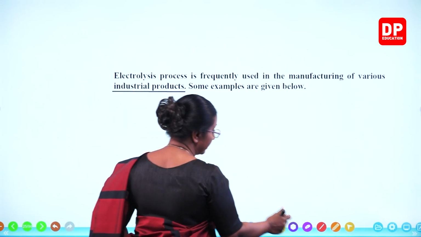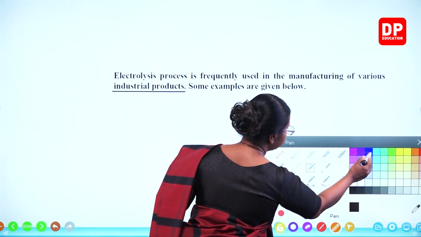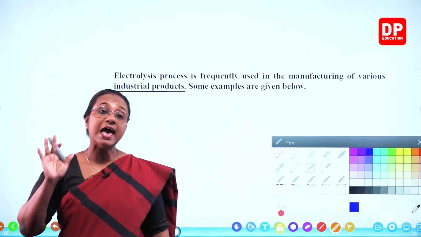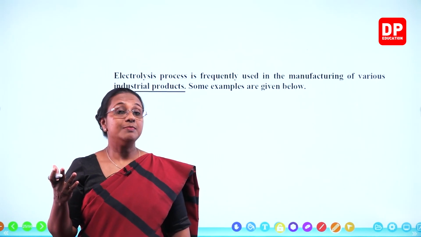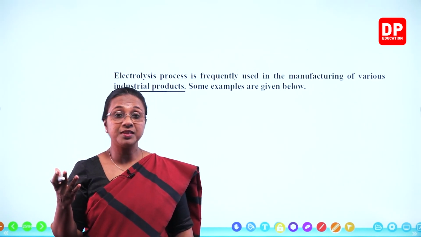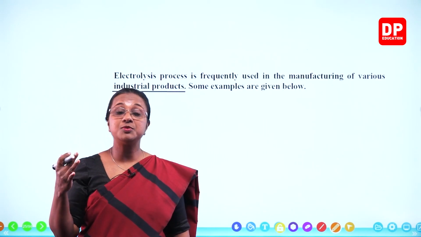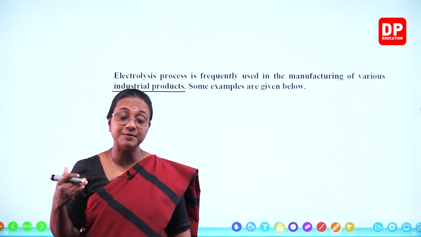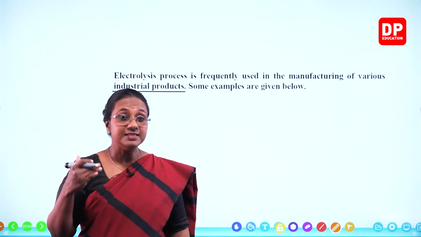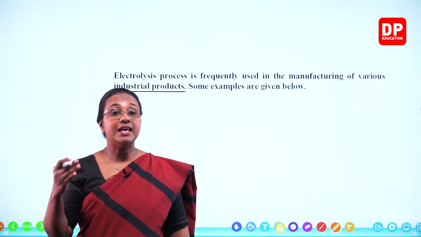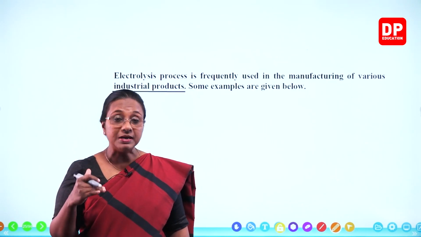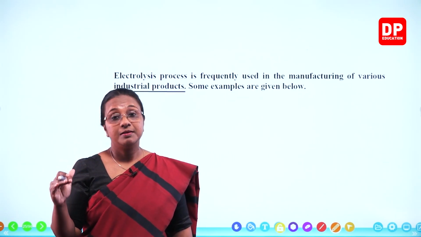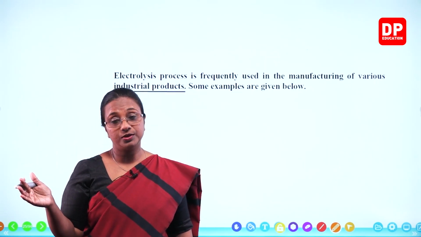If we look at the examples, you can remember the activity series, students. Can you all recall the metals there? We have potassium, sodium, calcium, magnesium, aluminium, zinc, iron. Then we have tin, lead, hydrogen, copper, mercury, silver, then platinum and gold.